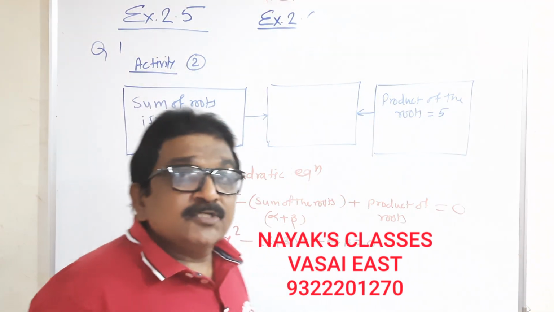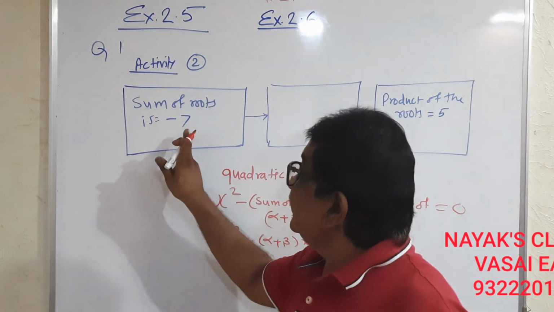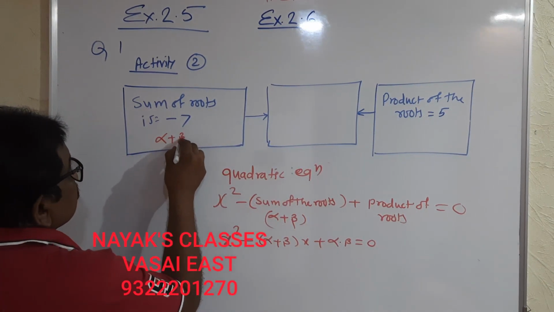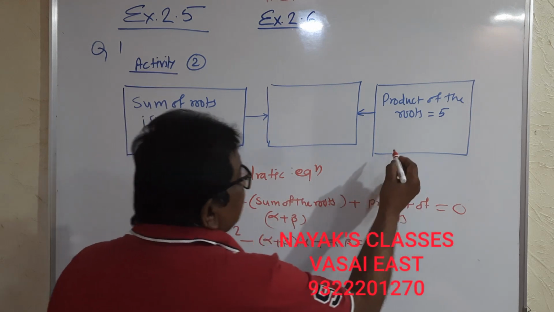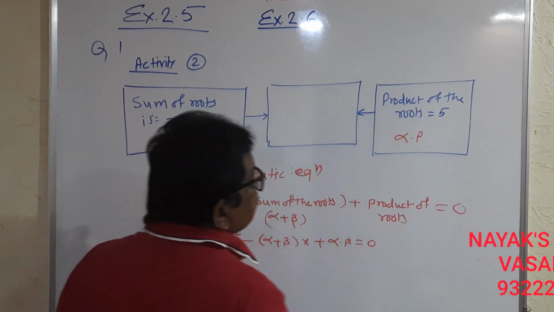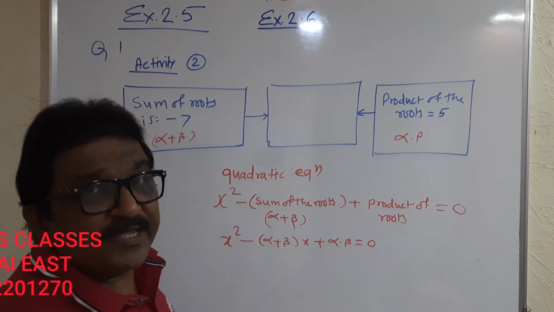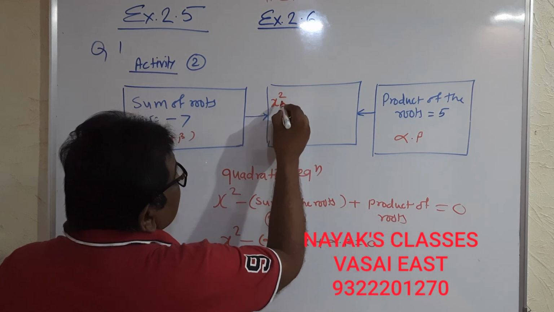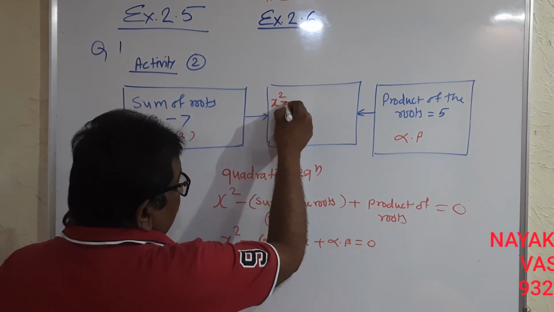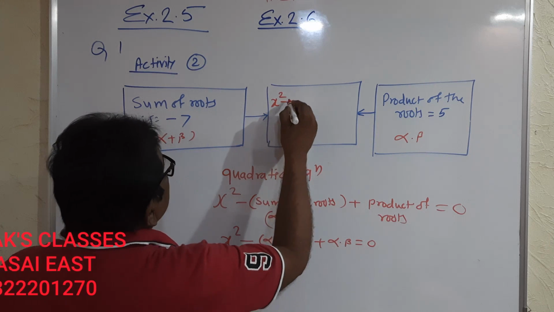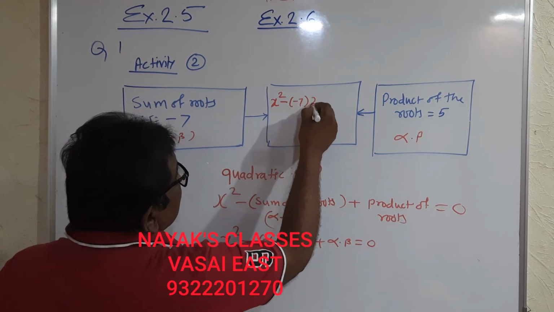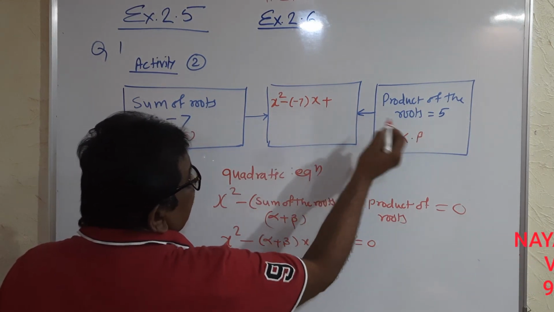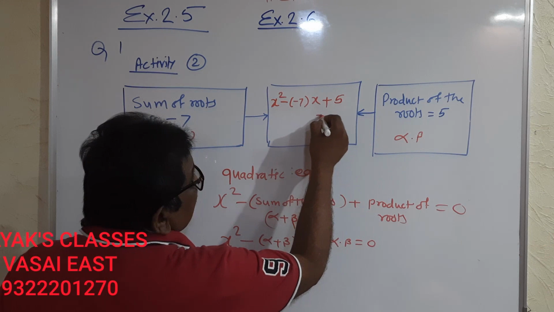So the sum of roots means alpha plus beta, and the product of roots means alpha into beta. By using these values, we can form the equation. So x square minus alpha plus beta, that is minus 7x, plus alpha into beta, that is 5, is equal to 0.